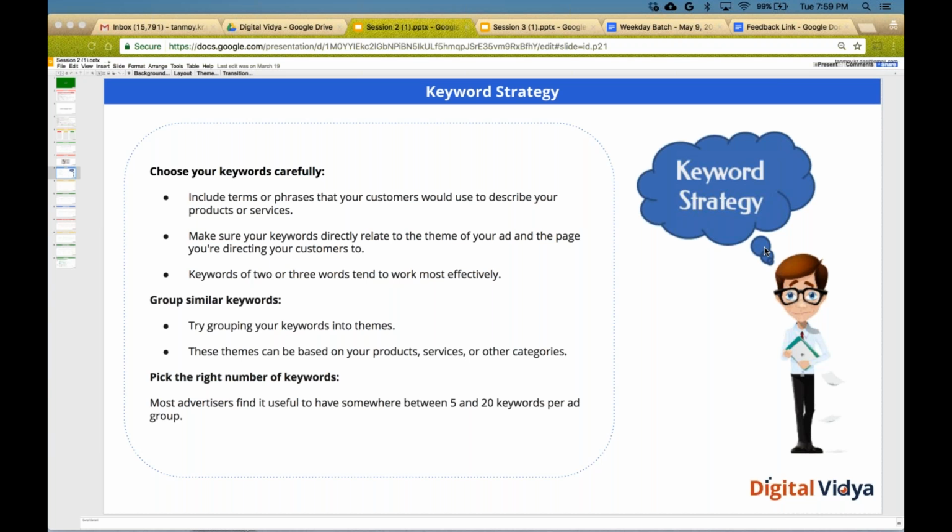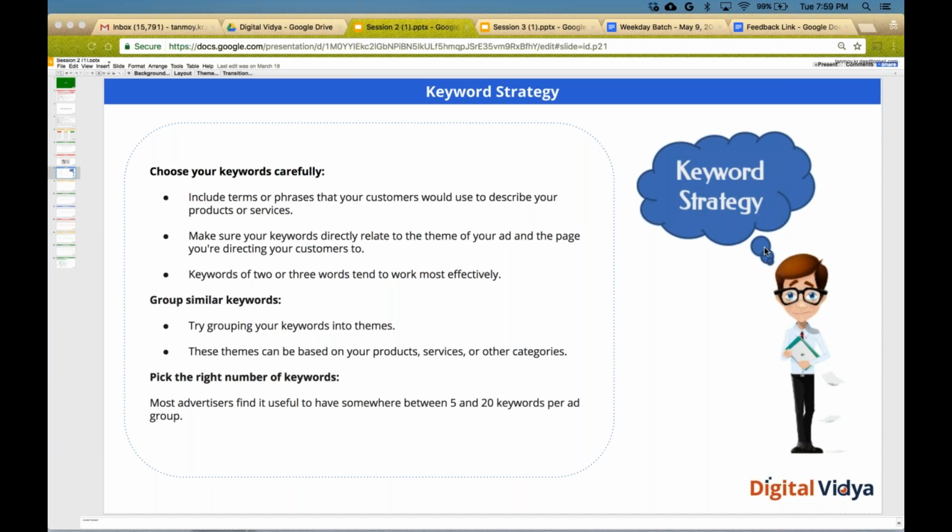So if you remember from the last session which we had, on Thursday, what we covered was the bidding strategies. We talked about the different types of bidding methods: CPC, CPM, CPA bidding, and enhanced cost per click. We also talked about the keyword strategies, the different ways keywords are to be added in the AdWords account.